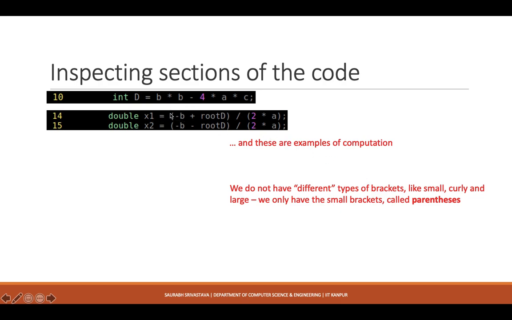If at any point you need more than one set of brackets, you simply reuse the small brackets again. You can't put a curly bracket here. If you want to put this expression in a bracket again, use another set of brackets. These small brackets are also called parentheses.